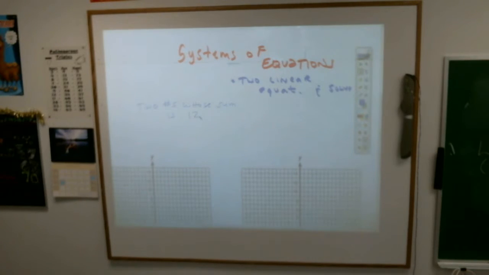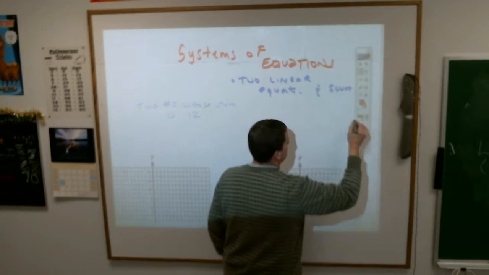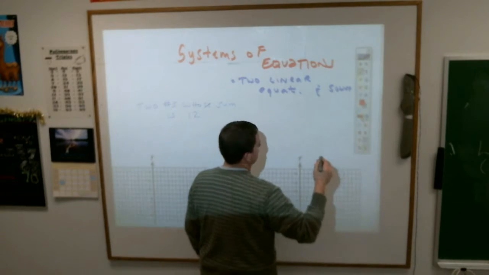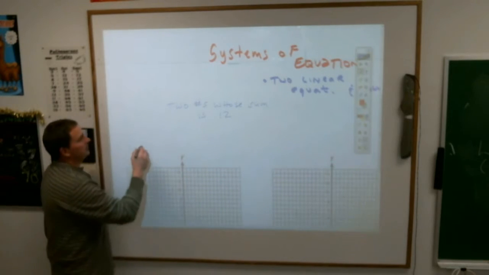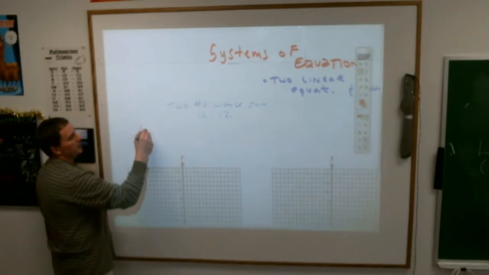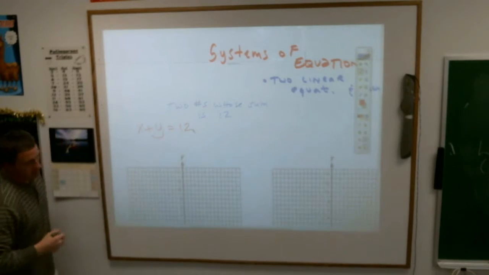Two numbers, when you add them together, their sum is 12. You don't know what they are, but Holly? A plus B equals 12. Perfect. But instead of A plus B, I'm going to go with X and Y because we use X and Y a little bit more. So X plus Y equals 12.